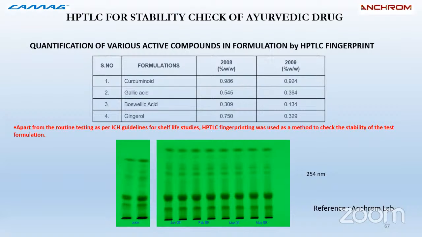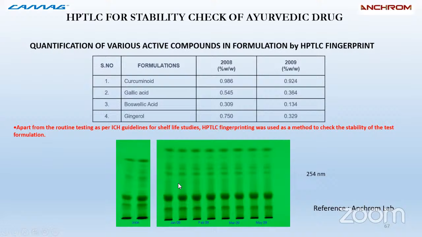What you can do is you can develop the method for the fresh sample, then you can expose that sample to different stress conditions as per your requirement. Then you can take out all these samples which were exposed at different stress condition and use the same method as you have developed for the master batch or the fresh batch. And you can look for the band pattern, band intensity, and number of bands.